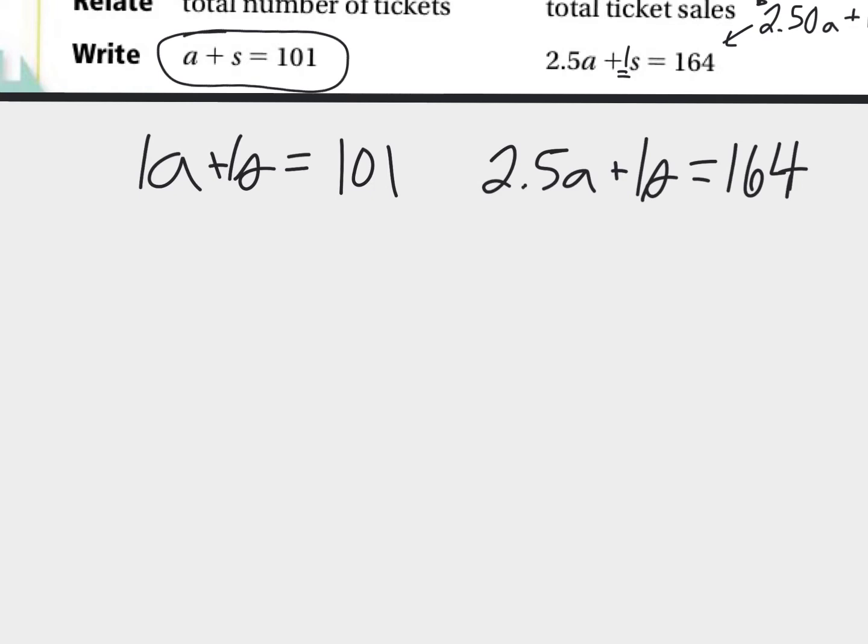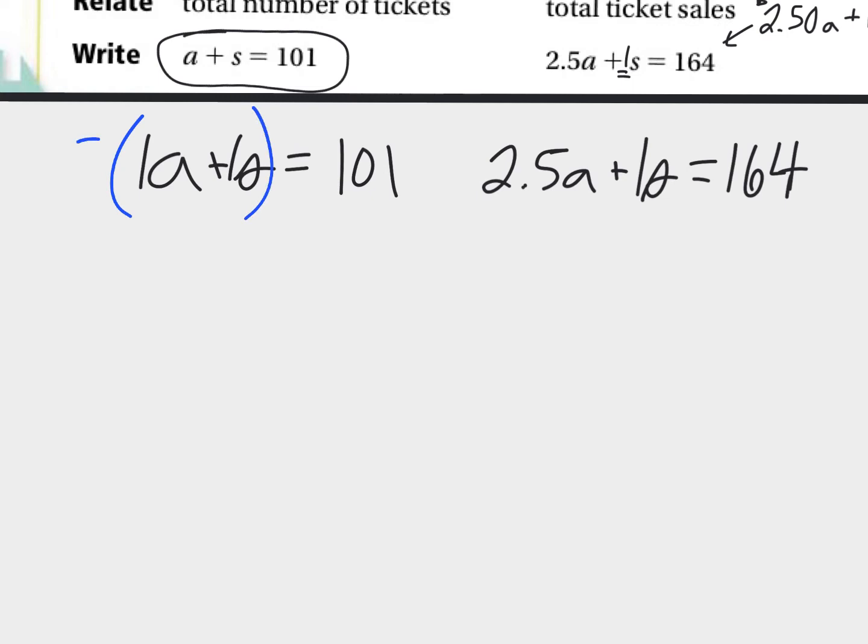Okay, and you might say, well, that's great, they're exactly the same. You were just talking earlier, though, about how stuff had to be opposites for us to use elimination. And that's true, and that's what we're going to do. But I'm going to do it differently than what the book did. If I want these S terms to be opposites, what we could do is multiply one of the equations by -1.